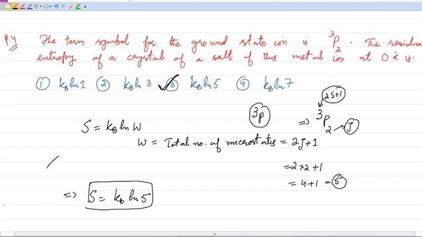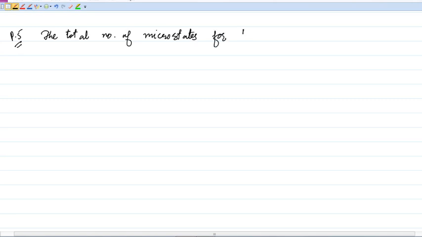Like this, we will take one more question based on this microstates so that you will understand what I was talking about. Suppose the total number of microstates for 1G term is, here you will see it is only term, not term symbol.